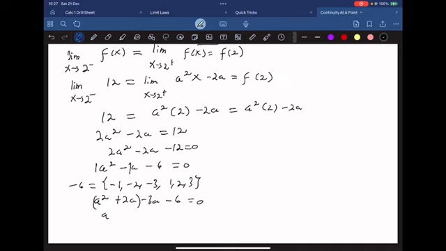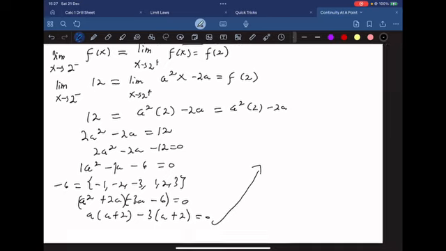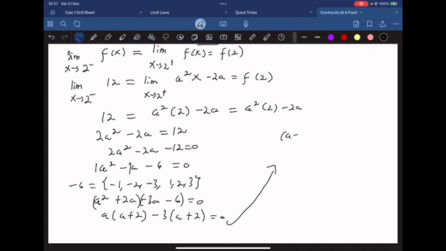So we have a, then a plus 2. Then for the second term right here, we can have minus 3, then a plus 2, equal to 0. So this simplifies to a minus 3 and a plus 2 equal to 0.